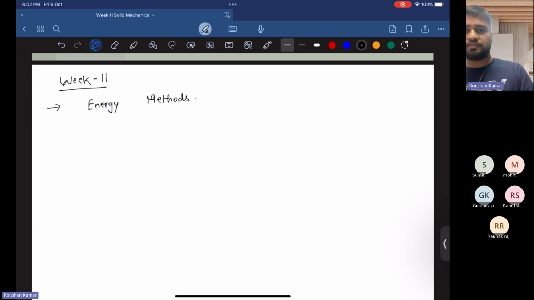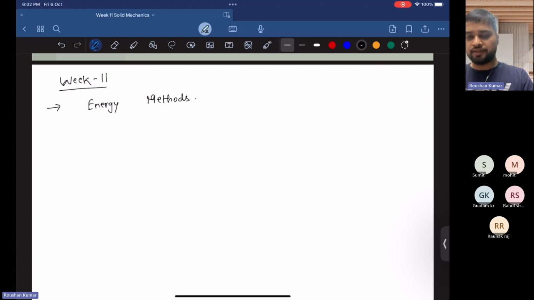So in the previous lecture, I told you that we can find the deflection and the slope of a deformable beam through various methods, through equilibrium equations. Okay. So this is an alternate approach where we can use the energy of the system.